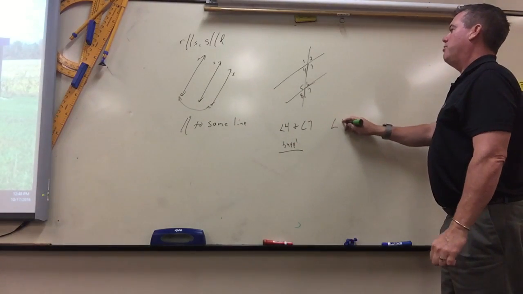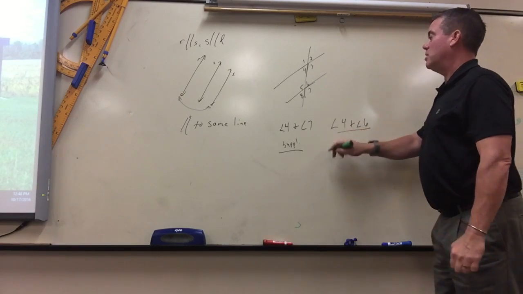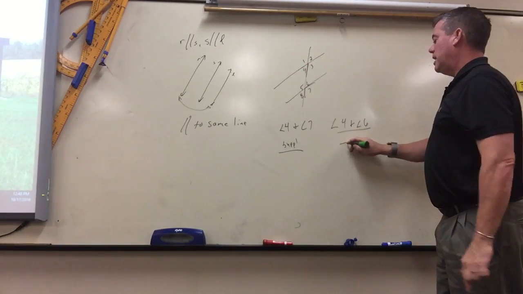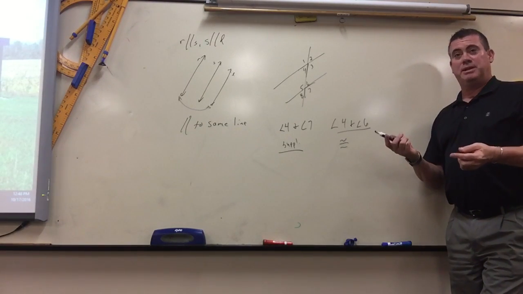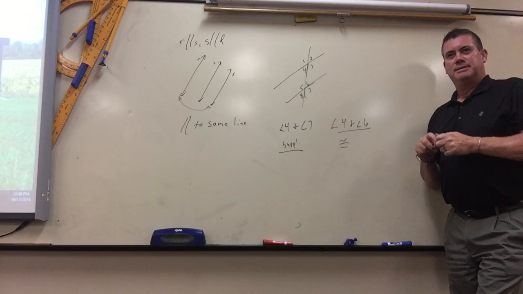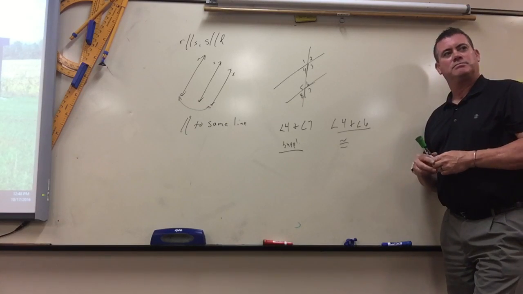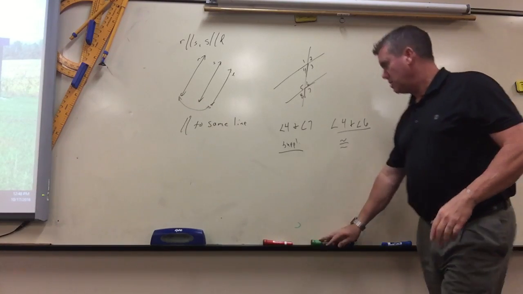Okay? Angle 4 and angle 6 are congruent. And you can write the word or you can just put the symbol. So that part should be easy too. You can kind of tell just by looking at them. Okay? Yeah, it should be an easy test.